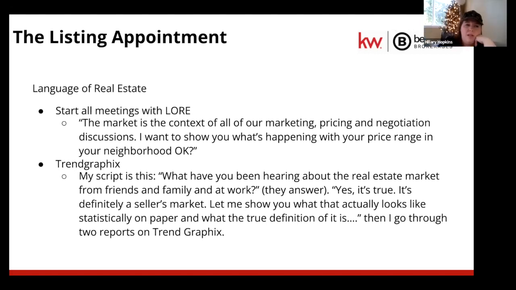I'm hearing that the market is hot right now. It's a great time to sell. And there's not enough homes on the market, so the price could be raised for my home. Yeah, so you're hearing that your neighbors are getting multiple offers and selling for way over. Yeah, mhm.